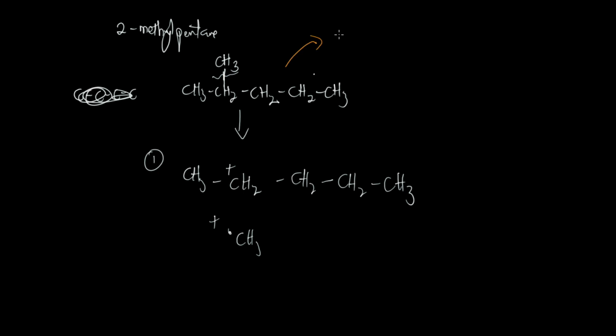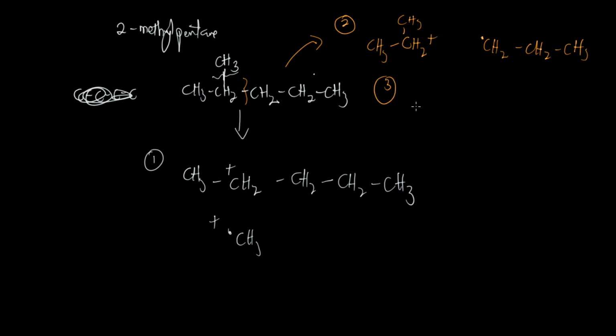It can also fragment, let's say, here. We're going to give CH2, CH3, CH3, and the other side will be CH2, CH2, CH3. So this one can take the positive and the other the radical.